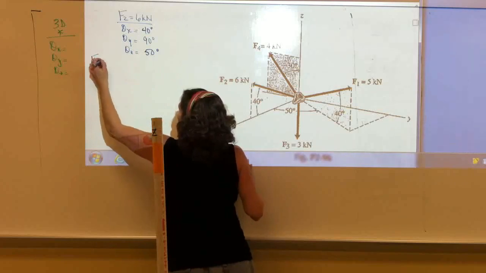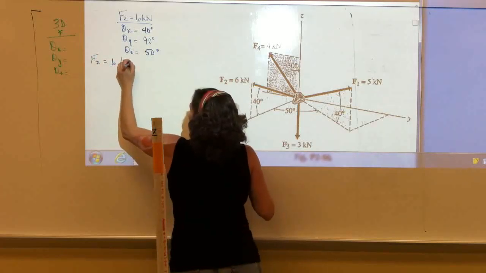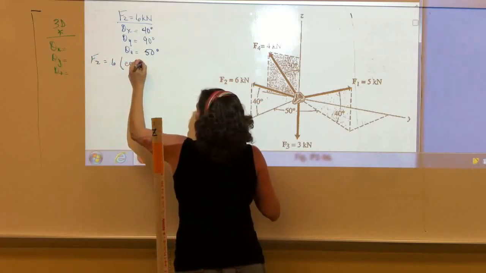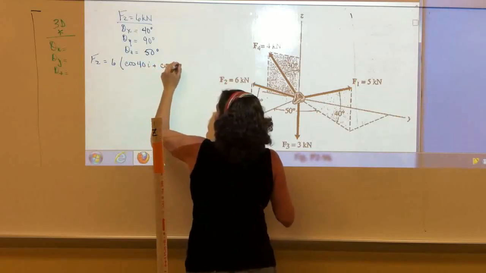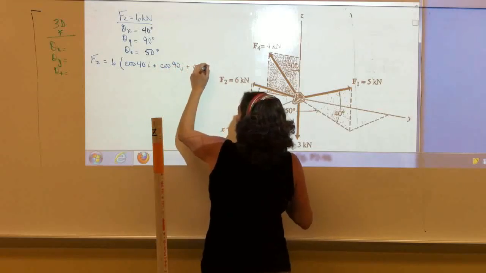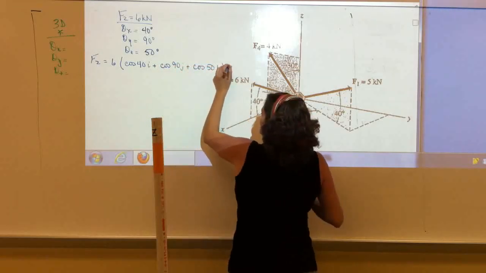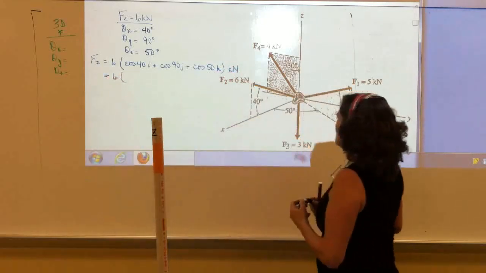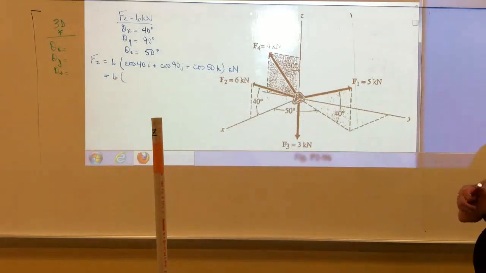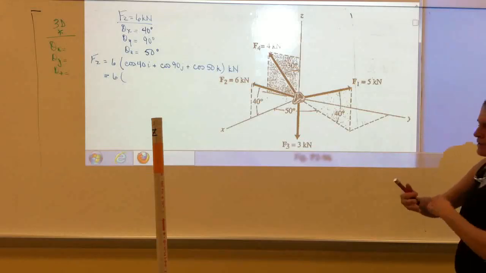Okay, F2 equals 6 cosine 40 times I plus cosine 90 J plus cosine 50 K kilonewtons. Looking at this, we're getting all acute angles.